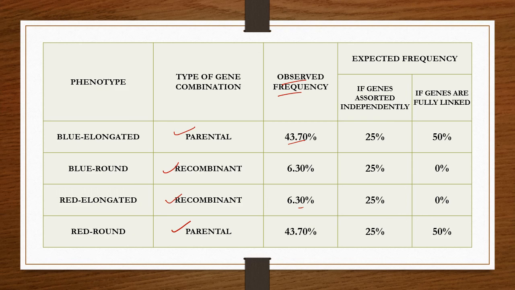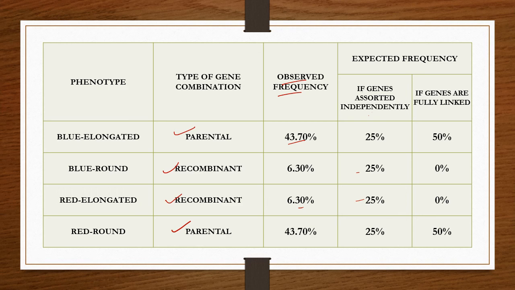So what is the expected frequency? If genes assort independently, the expected frequency is 25% each: blue and elongated, blue and round, red and elongated, and red and round pollen grains.